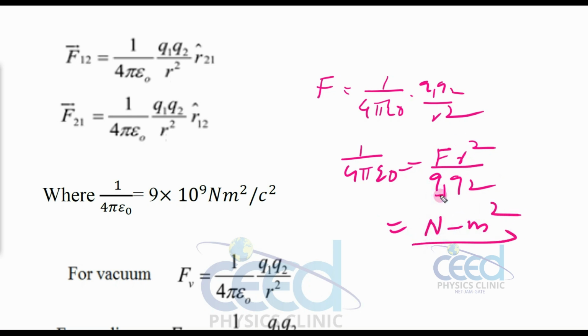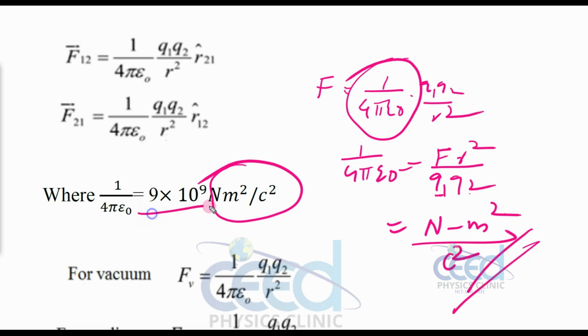The unit of q1 is coulomb and q2 is also coulomb, so coulomb square. So the unit of 1 by 4 pi epsilon 0 is Newton meter square by coulomb square. And the value is 9 into 10 raised to 9, which we got after substituting the permittivity of free space, equal to 8.85 into 10 raised to minus 12.